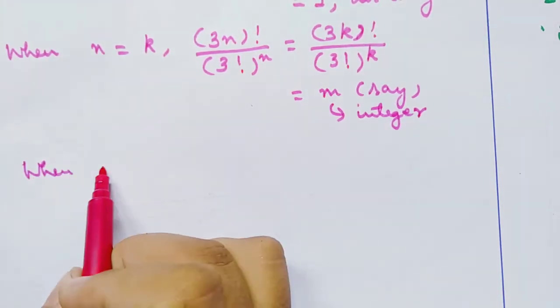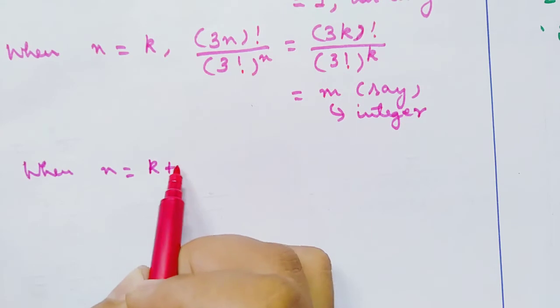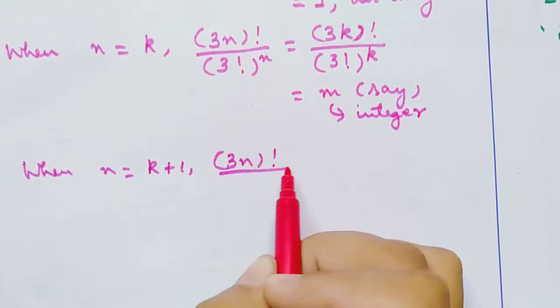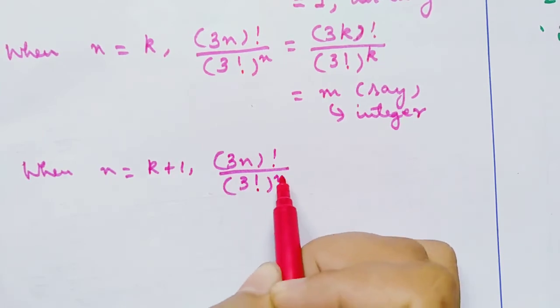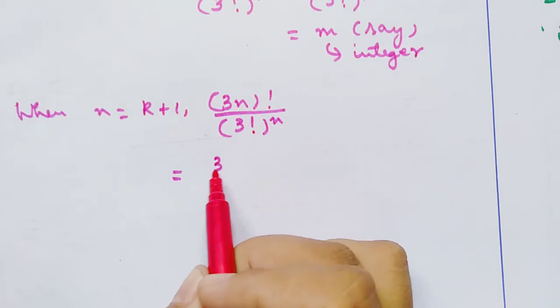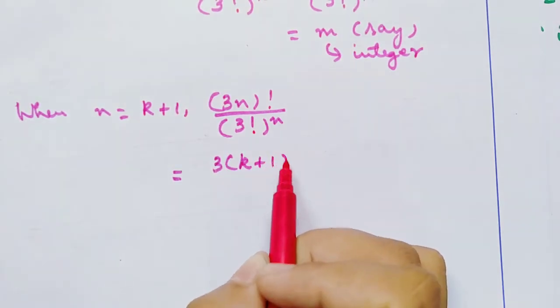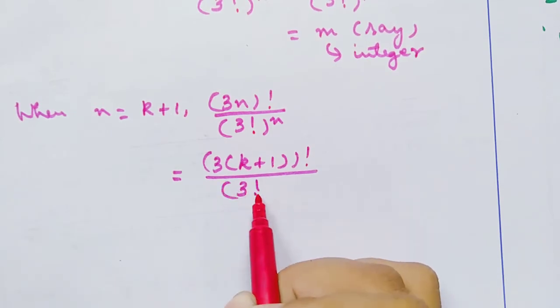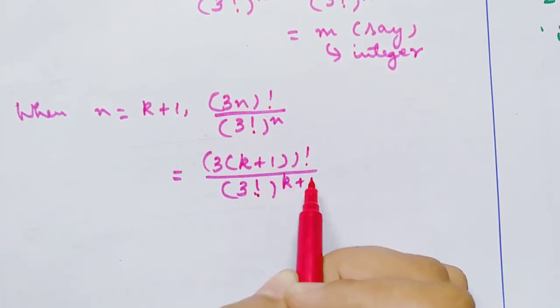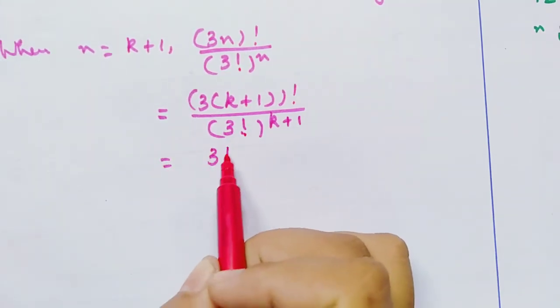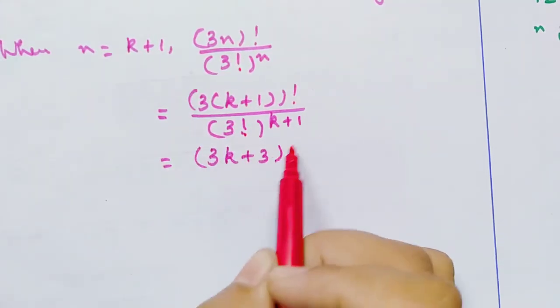When n is equal to k plus 1, the given expression becomes (3(k+1))! / (3!)^(k+1). Here we have (3k+3)!.